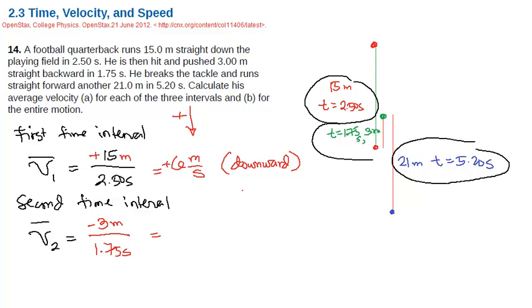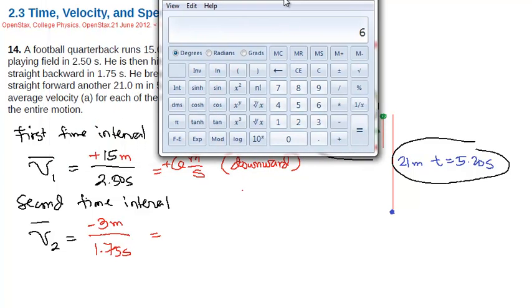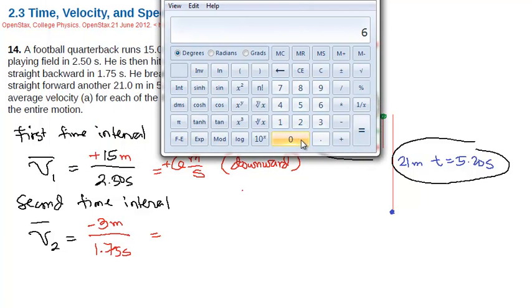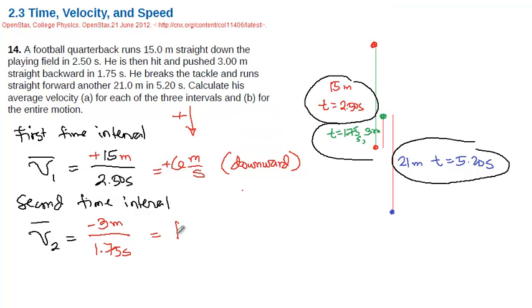So the average velocity during the time interval when he was tackled, 3 divided by 1.75, is equal to negative 1.714 meters per second. If positive is downward, we can just call negative upward, meaning up there based on our sketch.